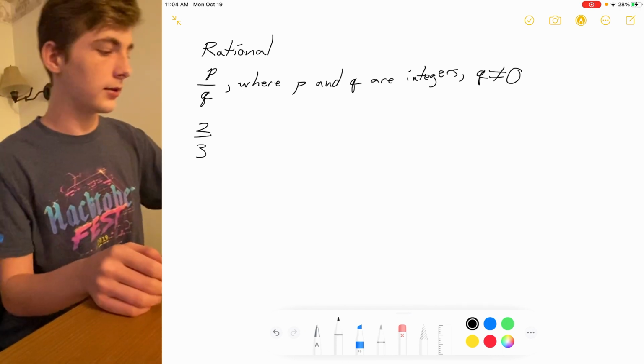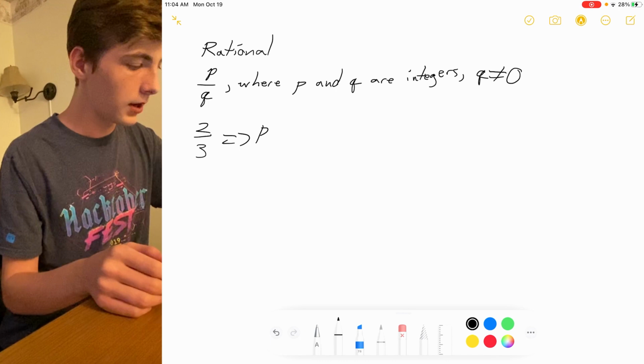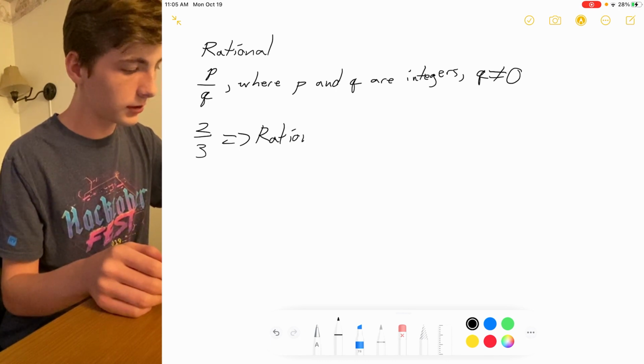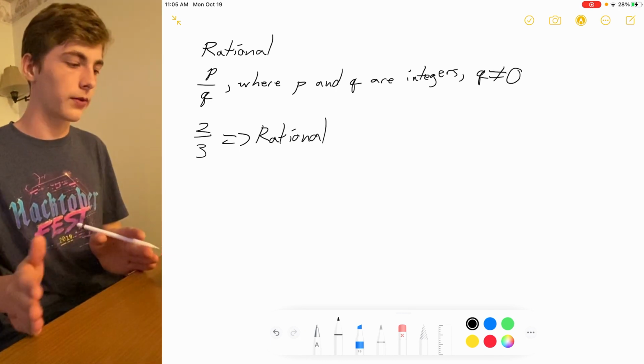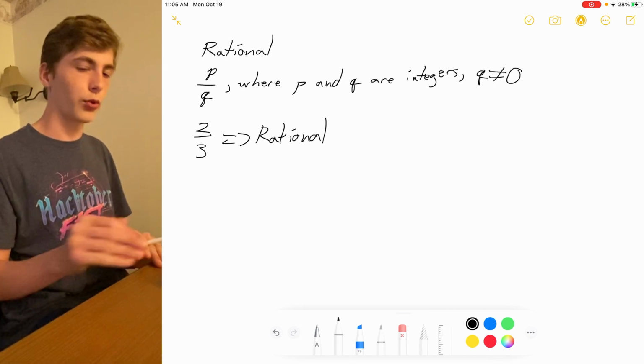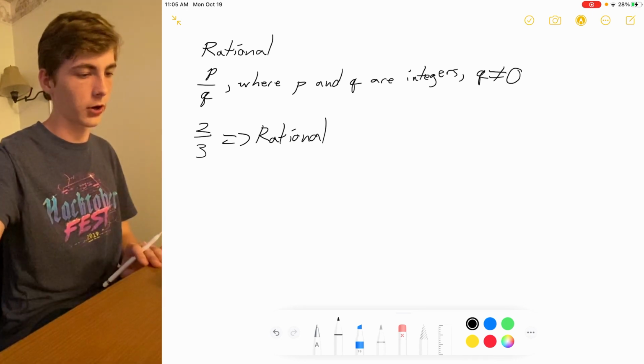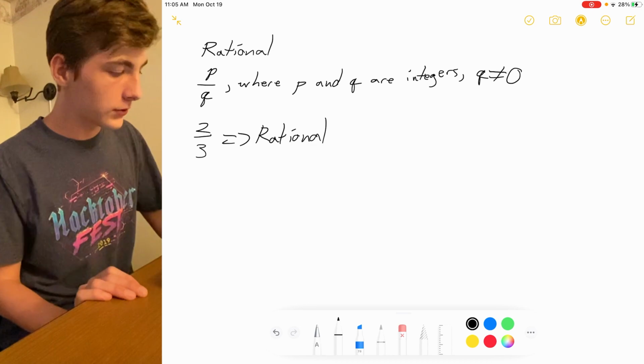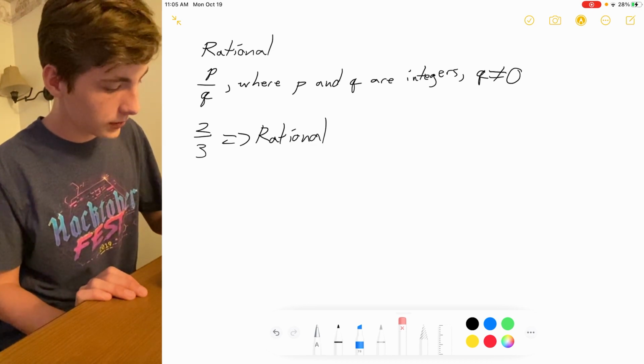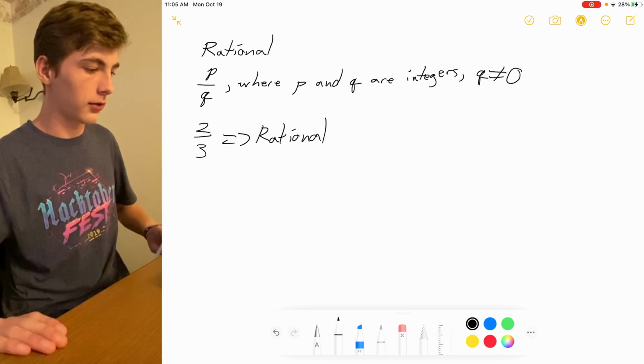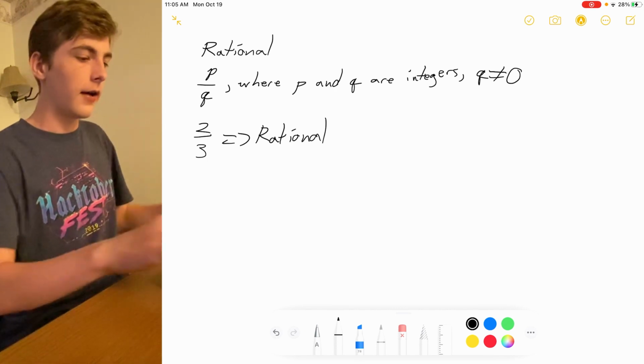And so that is a rational number, even though it doesn't actually evaluate to a specific integer, it's actually a decimal. It's 0.666666 with a bar. So that's the rational numbers, and that expands our numbers that we can use by a lot.